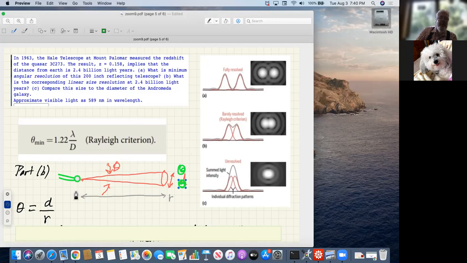What would I see down here? Well, I'd see two stars, or maybe two galaxies. But if they're very close together, could I tell them apart?